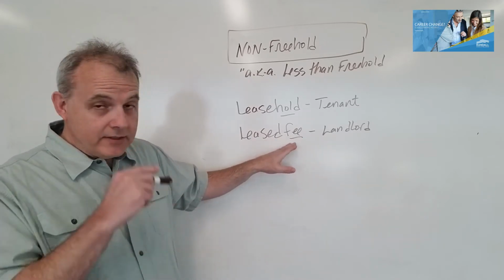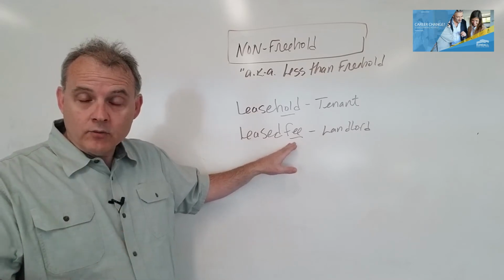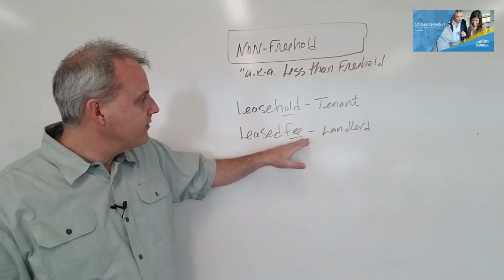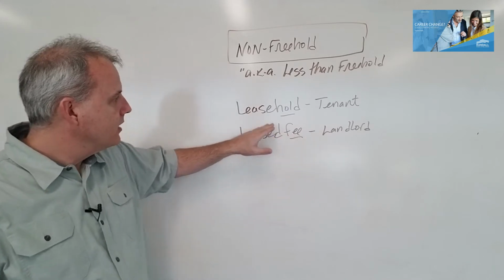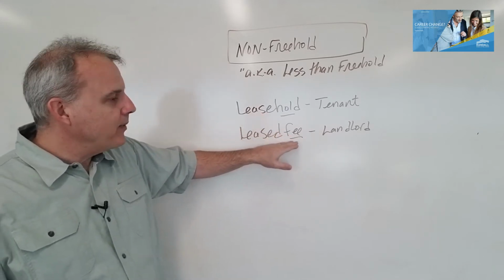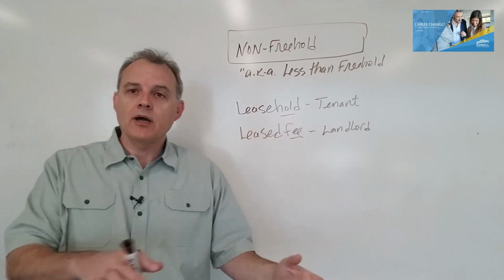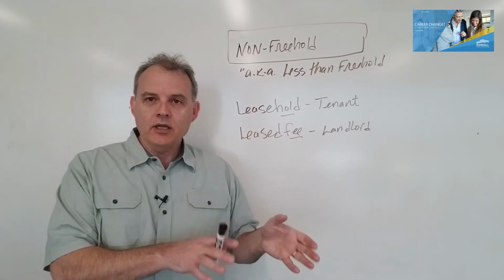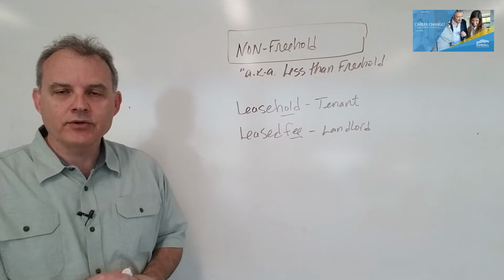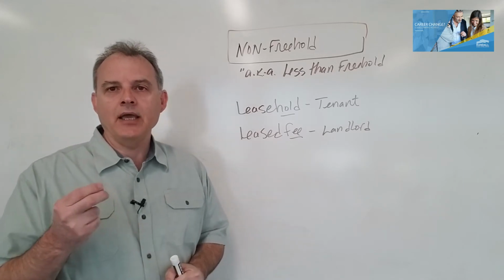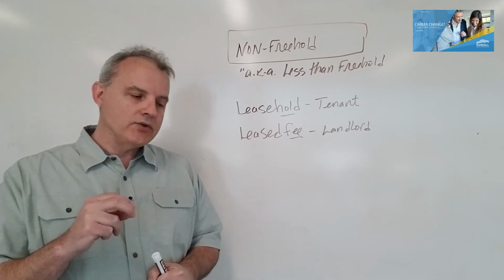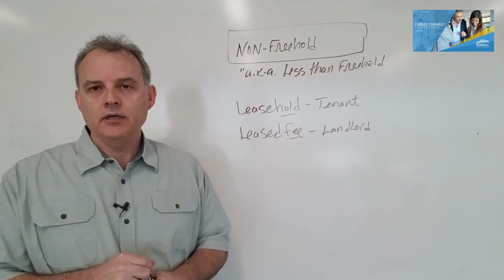The landlord receives a fee every month called rent. So the leased fee is the landlord's interest. If the tenant doesn't pay this fee called the rent, then they hold the property hostage. So the leasehold is the tenant's interest in that relationship, and the leased fee is the owner's legal interest in that relationship.